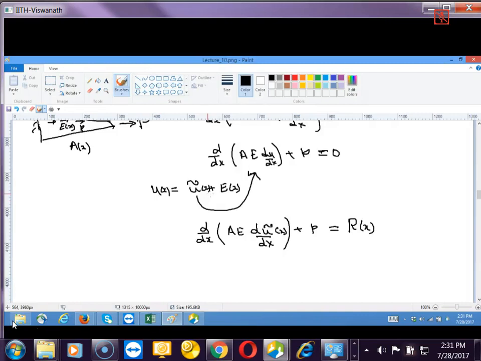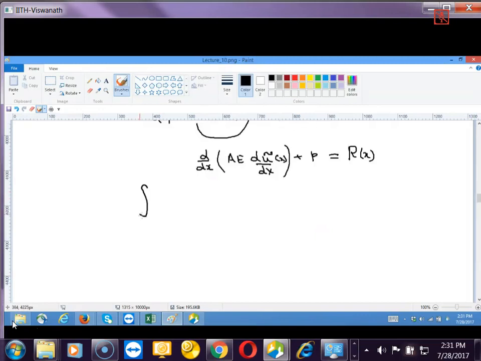Okay. So then we'll make use of our first chapter method of weighted residual. What I do is I take the integration of R(x) and multiply with a weight v, which is maybe also a function of x, dx, integrated from 0 to the length of the element.